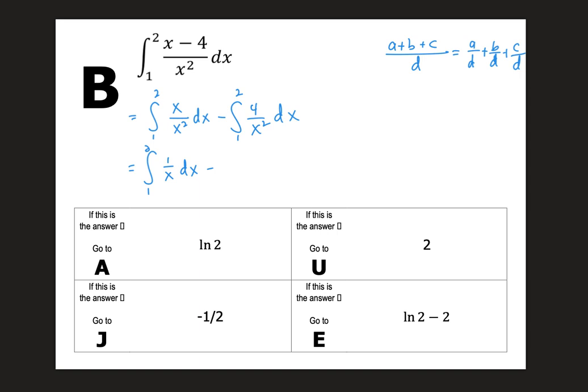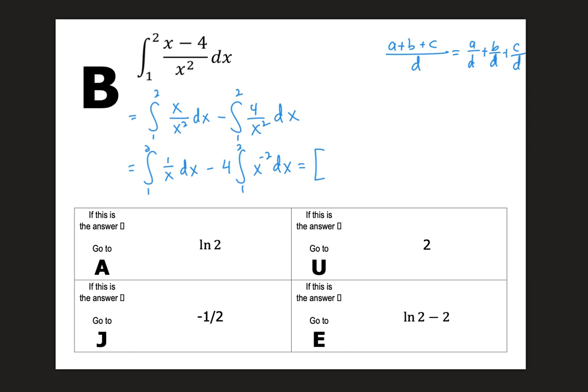I'm actually also going to pull this 4 out. You don't have to, but okay, and then now we'll evaluate. Actually, I didn't have to split this up. Maybe I actually shouldn't have split this up.